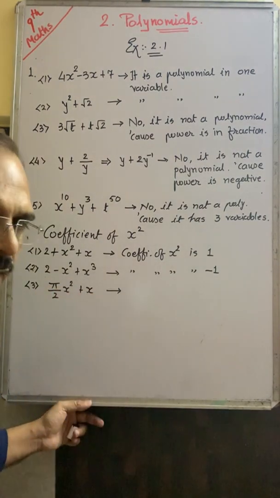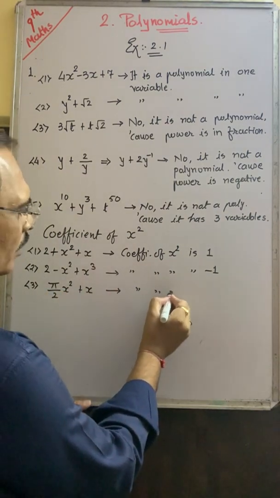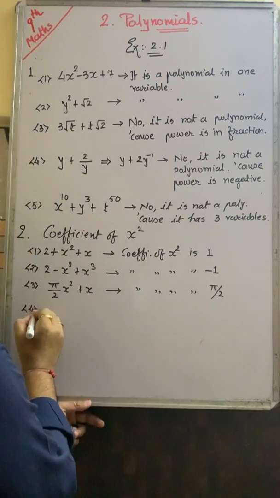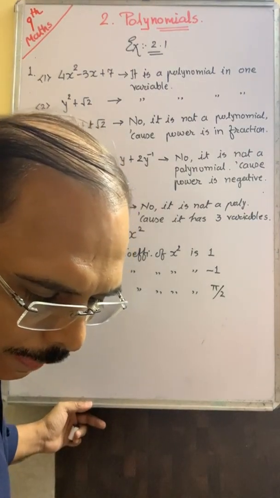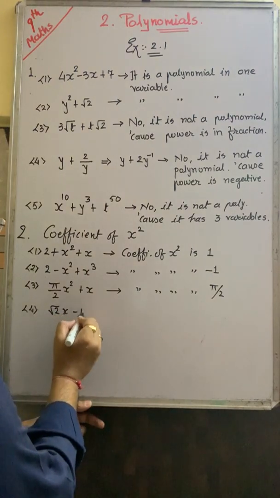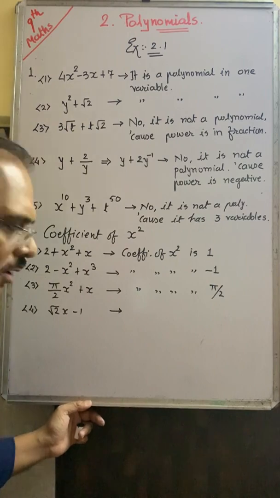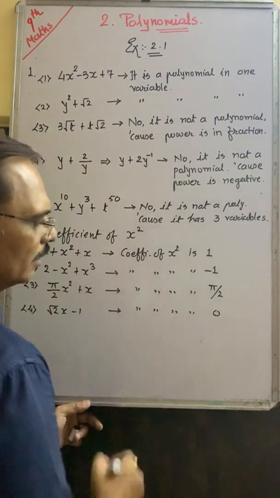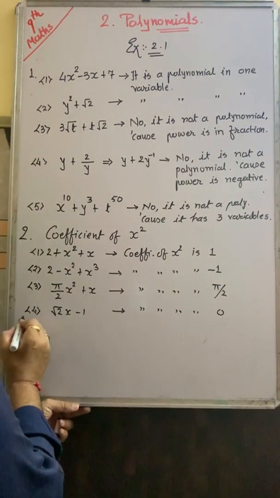Find out the x square term. Coefficient of x square is pi by 2. Fourth is root 2x minus 1. Find out which one is x square term. X square term is not given, so we write coefficient of x square is 0. Is it okay?